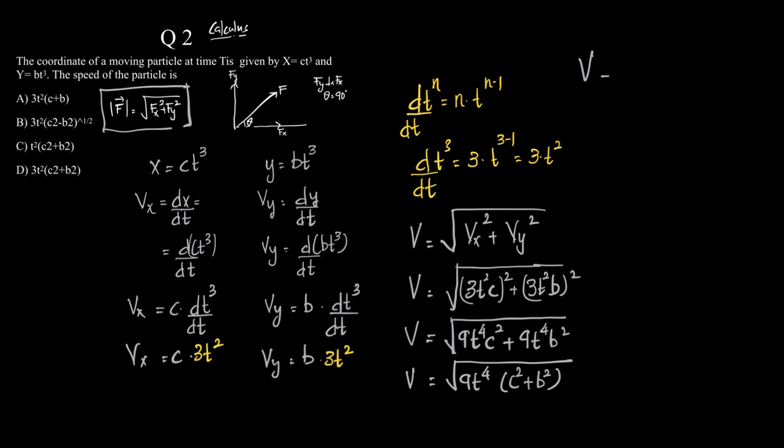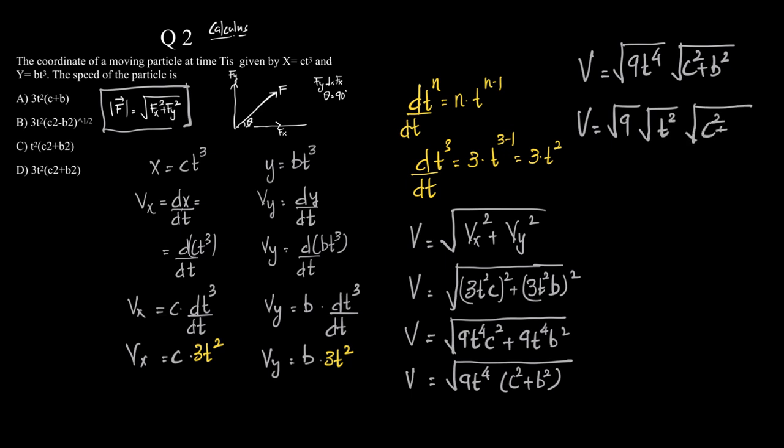And further, V will be equal to, now what we'll do is split the product. So I'll write it as root of 9 into root of t raised to 4 into root of c square plus b square, and therefore V is equal to root 9 is 3, root of t square is t, into root of c square plus b square.